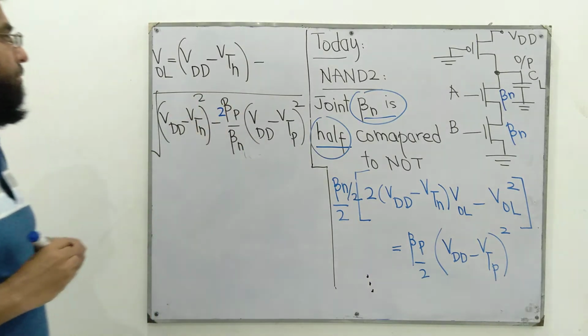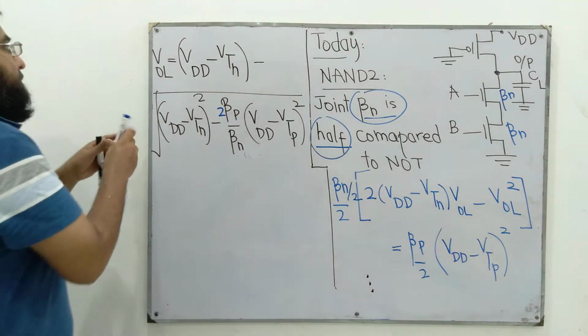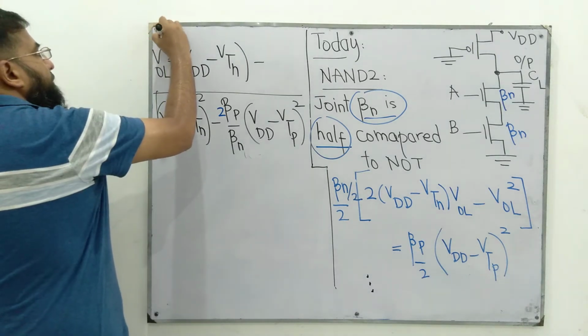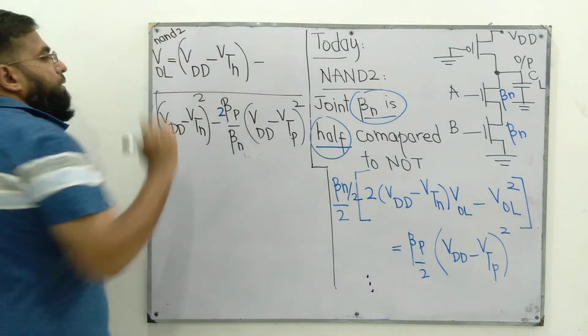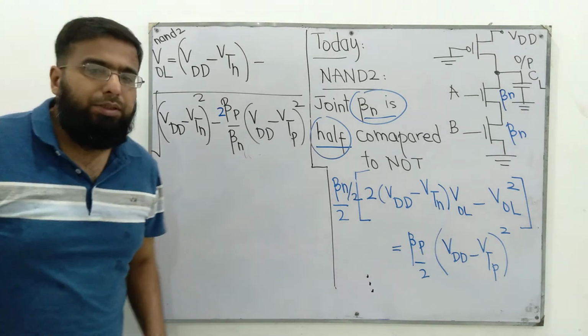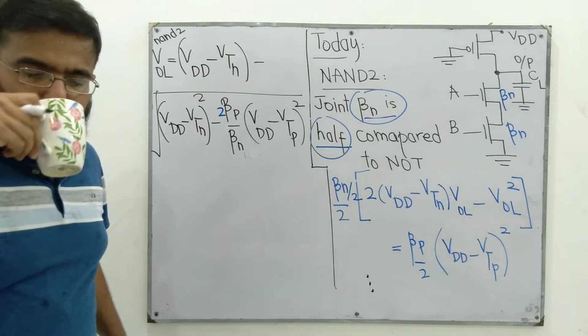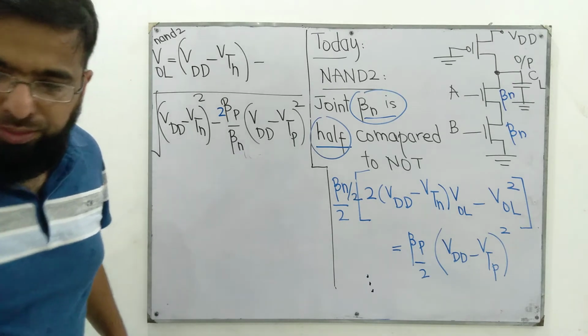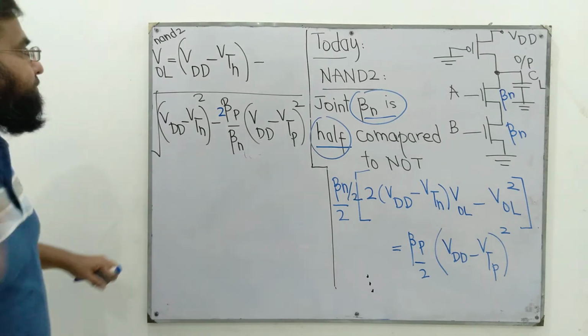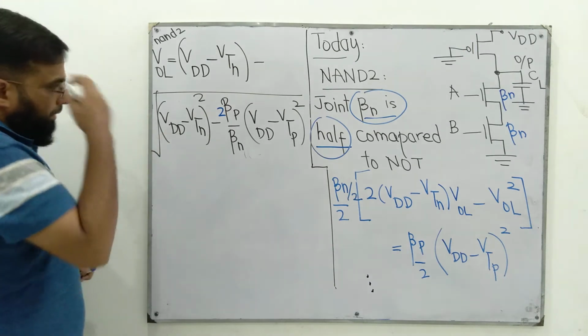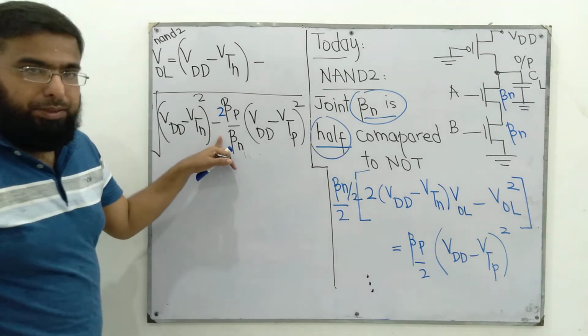Now how would you compare this VOL that we have written for NAND 2 with the VOL of NOT? Yes, we can compare it because this term is doubled.